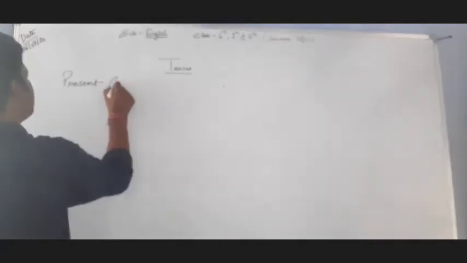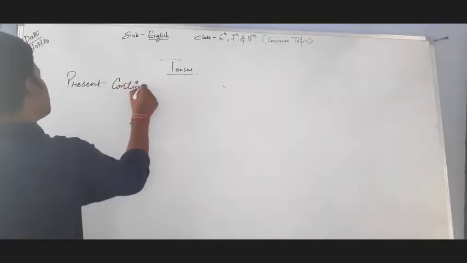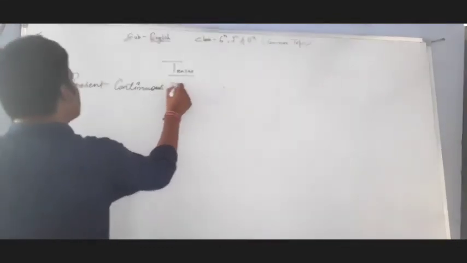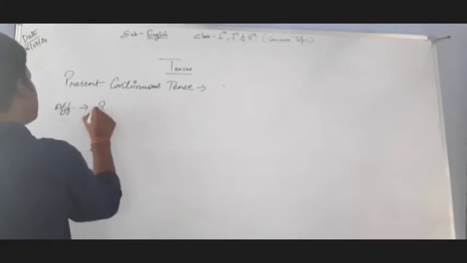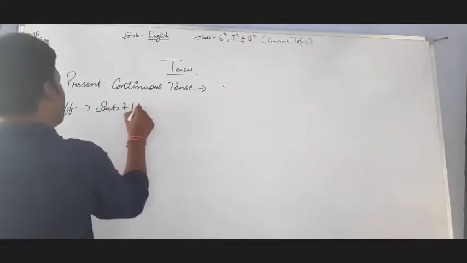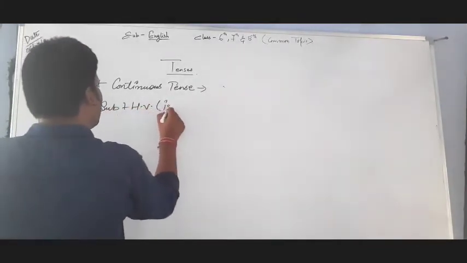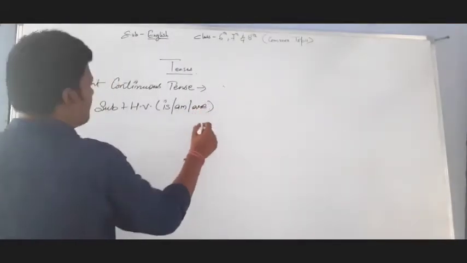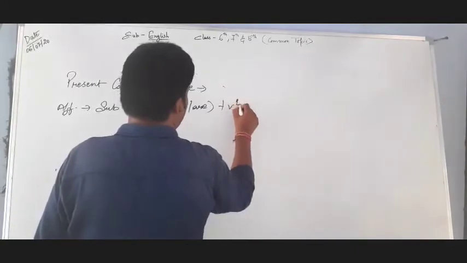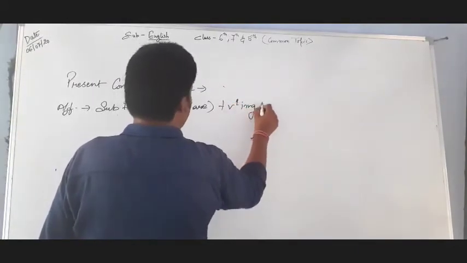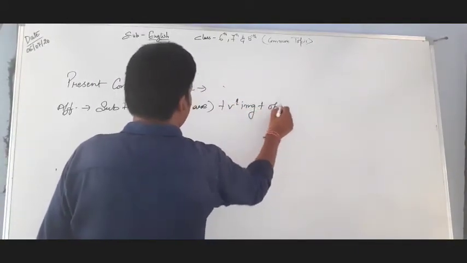Present continuous tense. Affirmative formula is subject plus helping verb, that is is, am, are, plus verb first form and ing plus object.